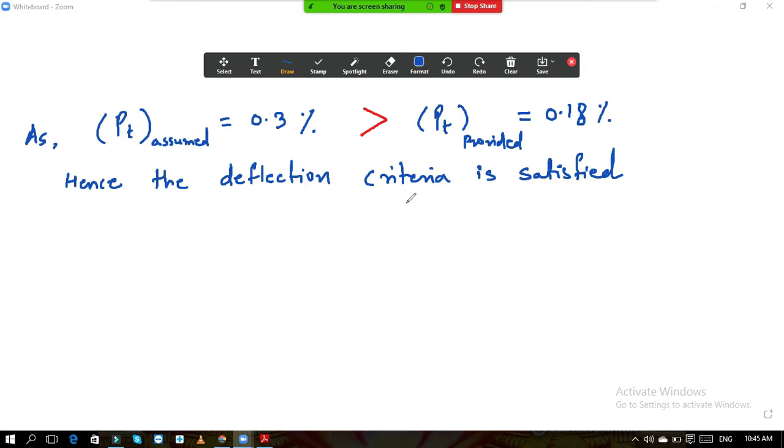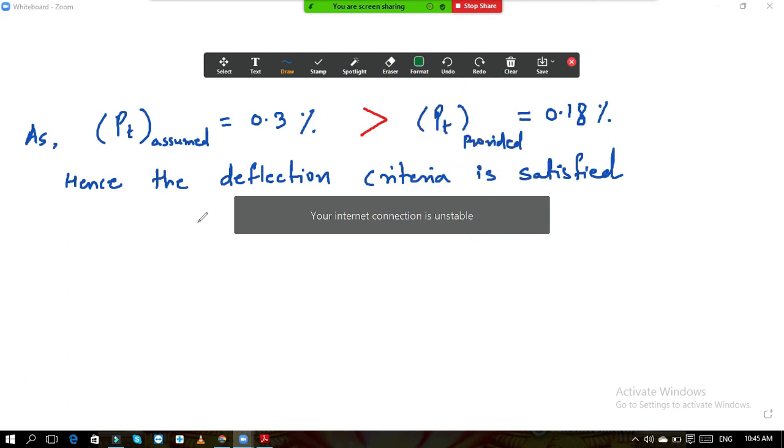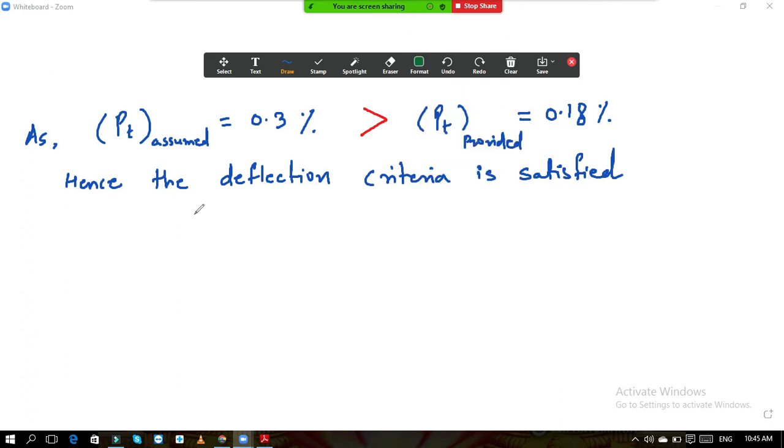But here we have found that our percentage of steel assumed is greater than the percentage of steel provided, so there is no need to take the check for deflection, it is already satisfied. So now we have to check this slab is safe for the remaining two criteria. After the deflection criteria, we will move further to check for shear.